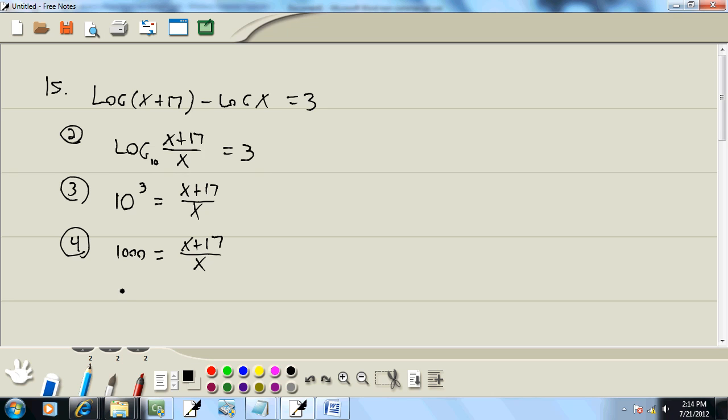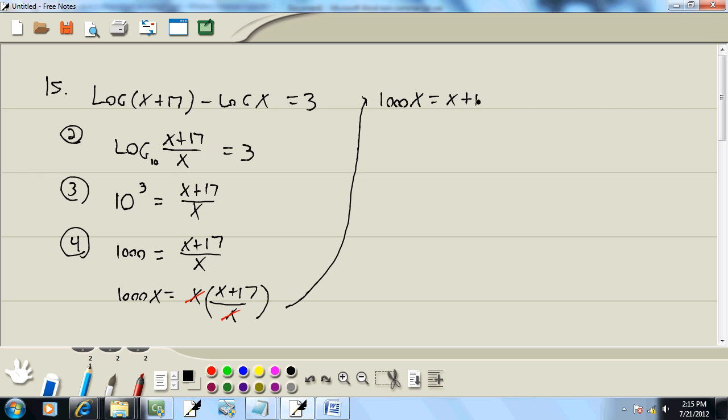We only have one denominator, so we'll multiply both sides by x. Those x's are going to cancel, and we get 1000x is equal to x plus 17. This is solving linear equations at this point, and the next step is get all the x's on one side, numbers on the other.